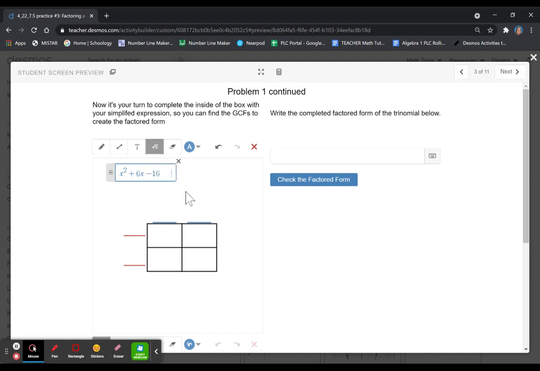And the two factors were negative 2 and 8, the factors from the diamond. We'll just write negative 2 and 8.